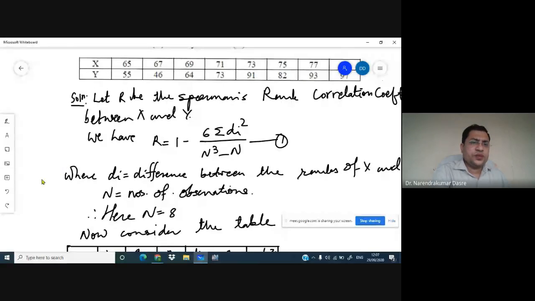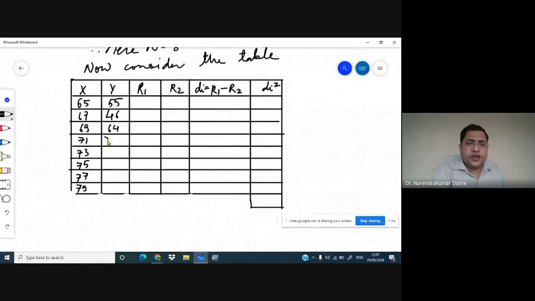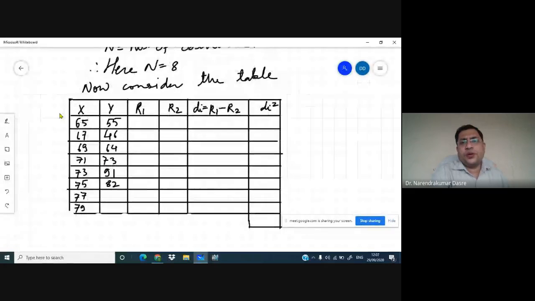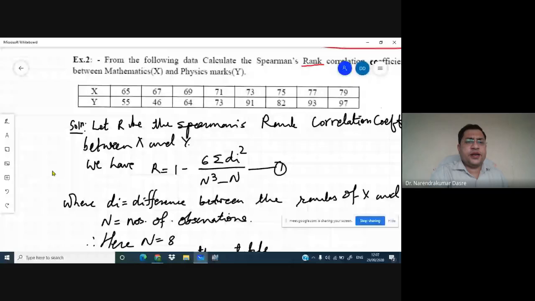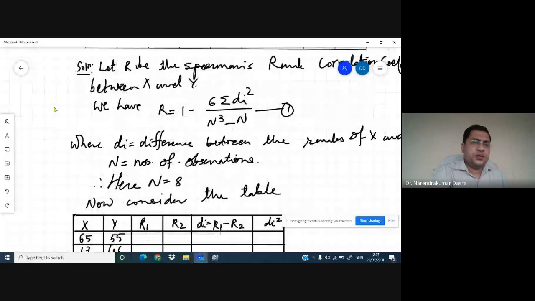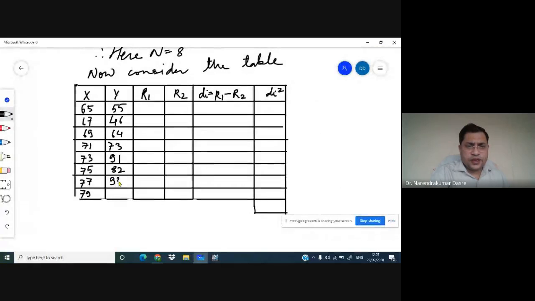Now, what do we have next? 93 and 97. Okay. Moreover, what we know is R1 is equal to rank of X and R2 is equal to rank of Y.